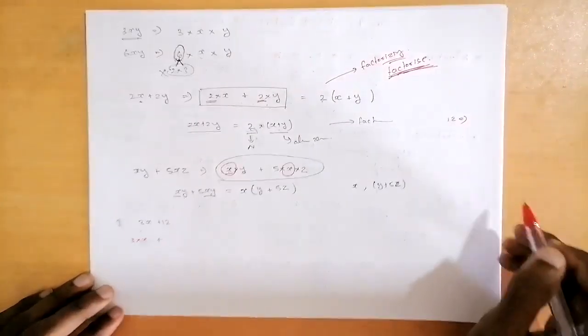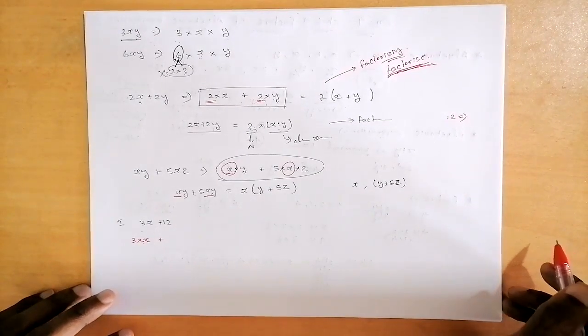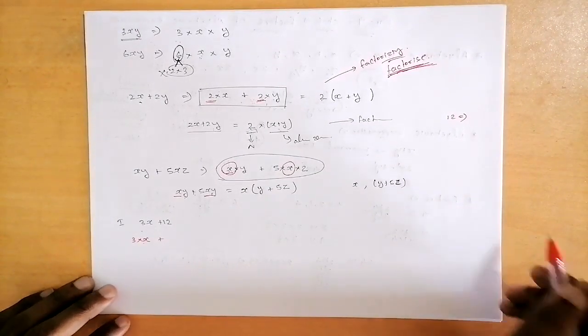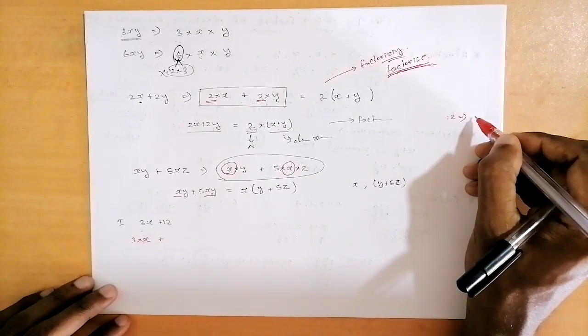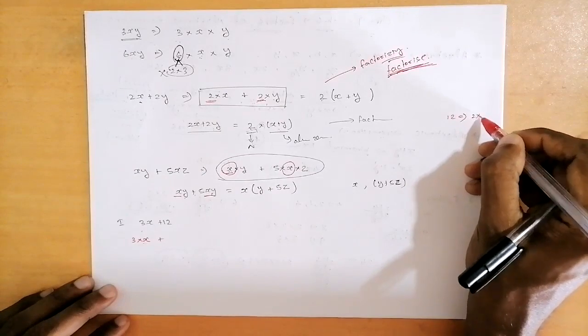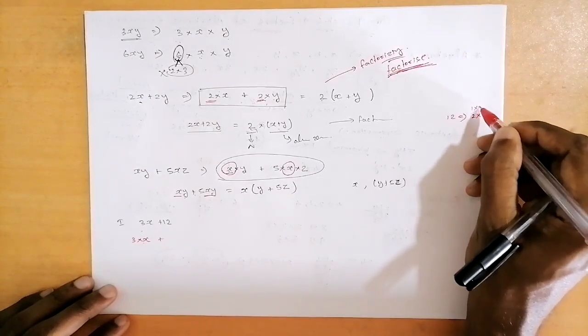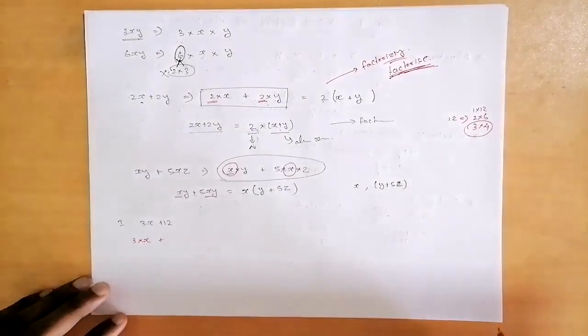What are the factors of 12? We can write 2 into 6. So 1 into 12, 2 into 6, 3 into 4. So we have 3 into 4.